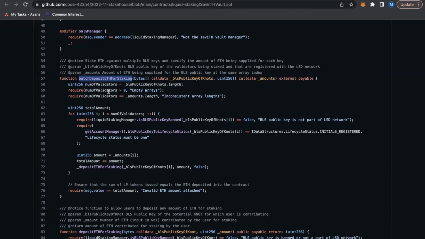I wouldn't say it is drained, because so far what I understood is the LSD network code is open source. So you can basically go and fork that code, and then you can deploy your own version of the LSD network.